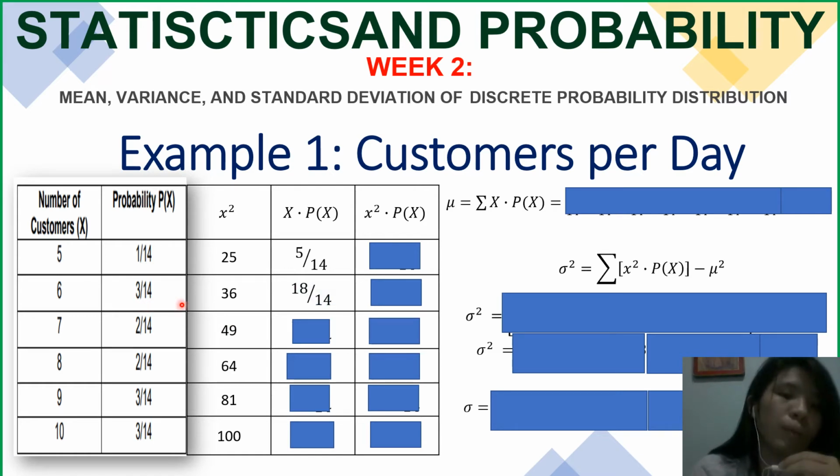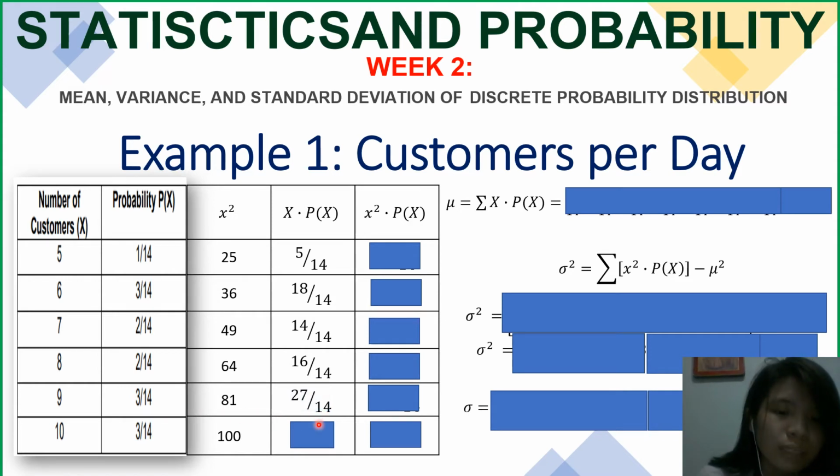Just multiply the numerator by the numerator and copy the denominator in the probability, kasi yung denominator naman ng number of customers is 1. So, 3 times 6 is 18 over 14. 7 times 2 is 14 over 14. 8 times 2 over 14 is 16 over 14. 9 times 3 over 14 is 27 over 14.